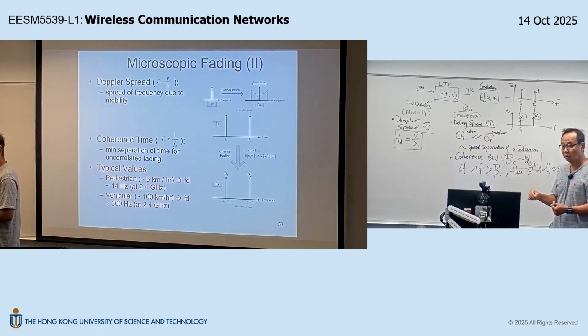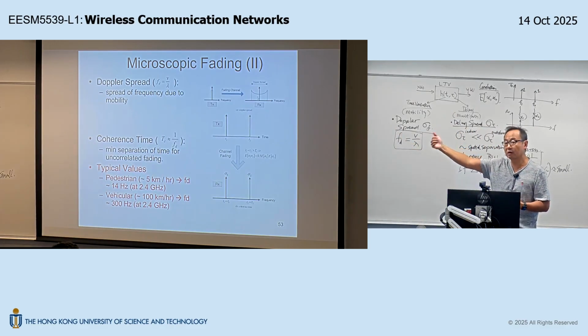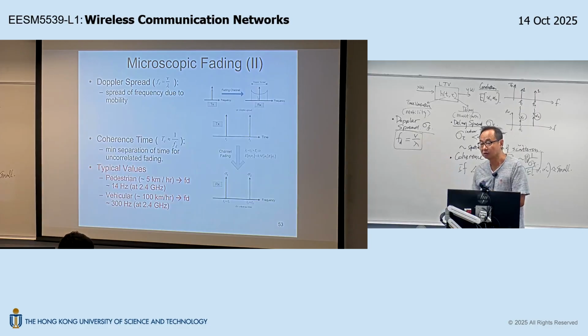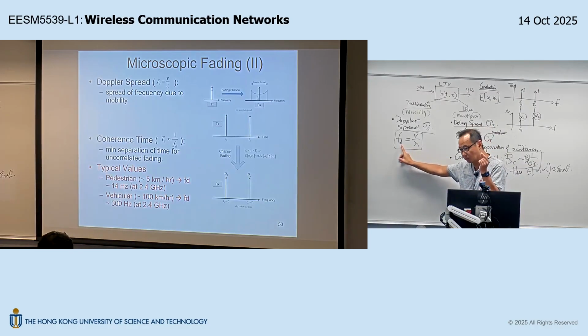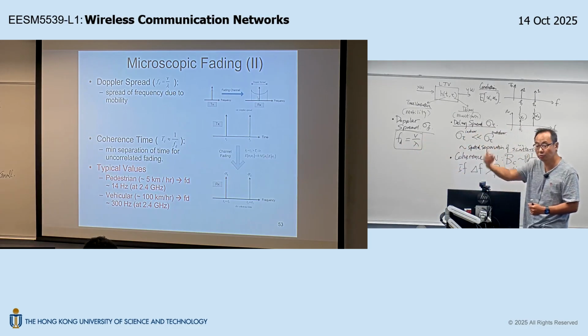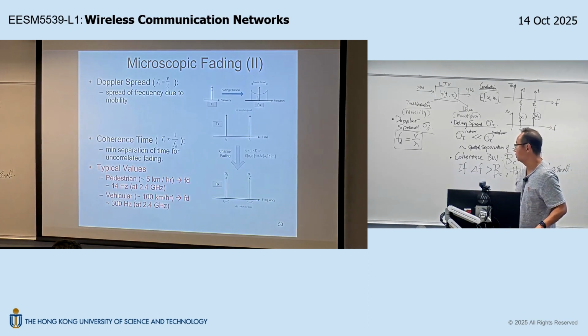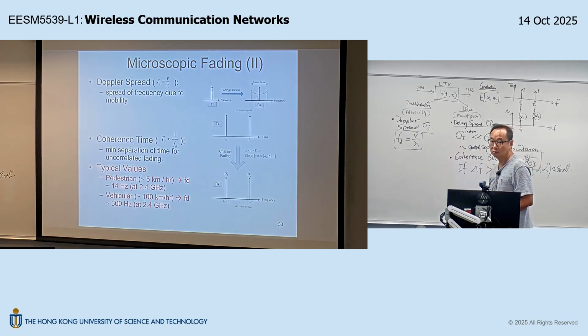So if you have a speed of v between the transmitter and receiver, and you are transmitting a certain wave with a wavelength of lambda, then the shift in the receive frequency will be given by speed divided by lambda. That means the faster you move, the larger the shift will be. But then, what do we mean by Doppler spread?